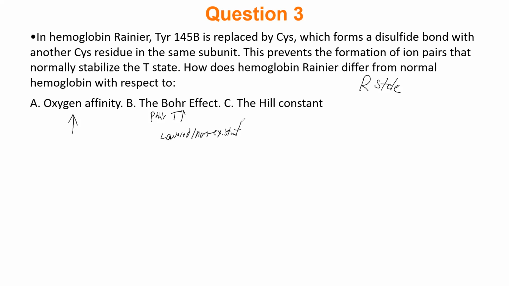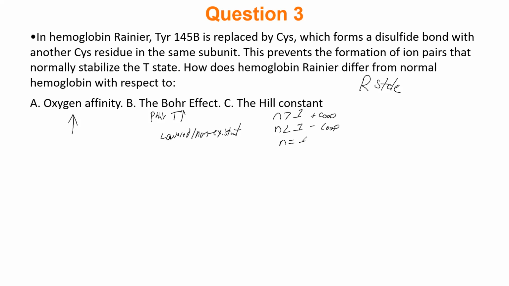The Hill constant is a measure of cooperativity. Let's just review it. The Hill constant can have three kinds of values. N greater than 1 is positive cooperativity. N lower than 1 is negative cooperativity.